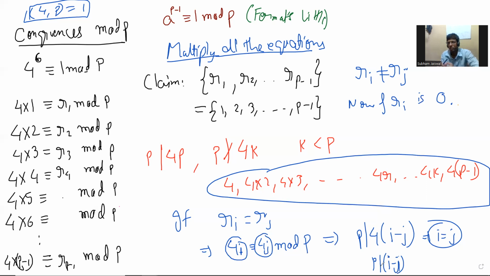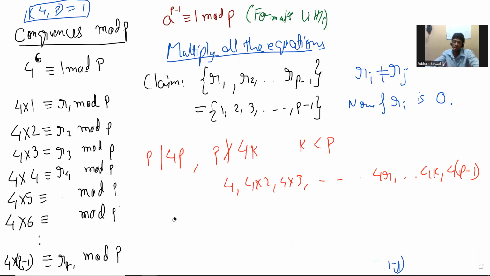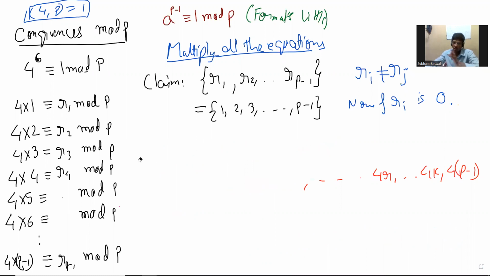Okay. Yeah. Let's take a few more examples. Just saying it like this is not enough, because this is maybe the most important thing in elementary number theory to begin with. One special case of this which we are seeing now is that when you start with a number, let's say 4, and you take these multiples till 4 times (p minus 1), you get all distinct remainders.